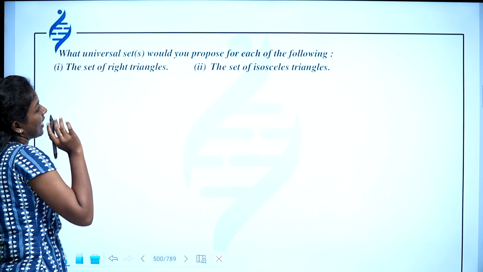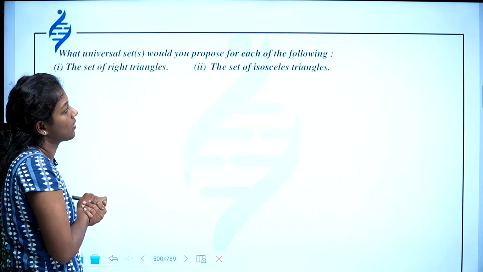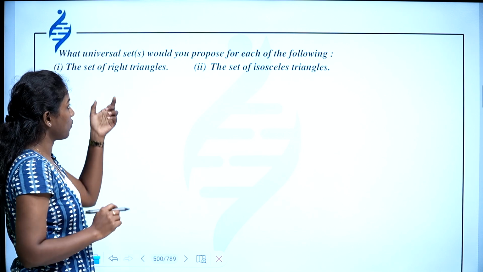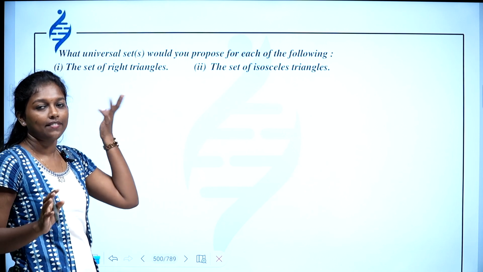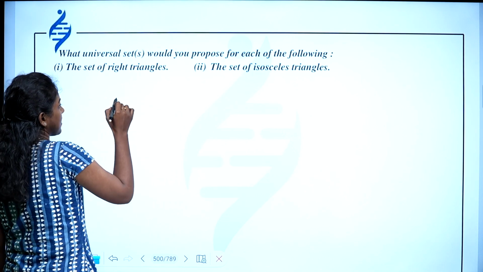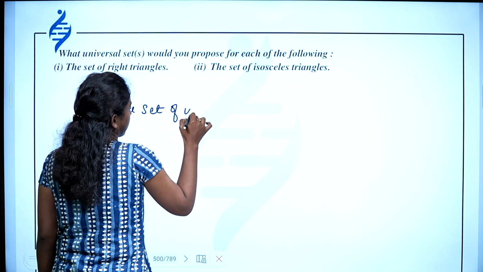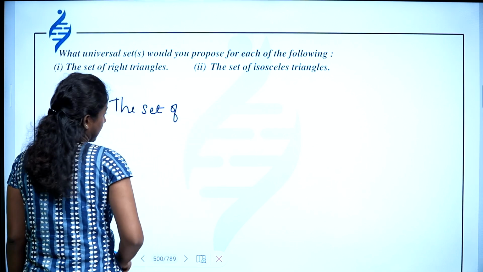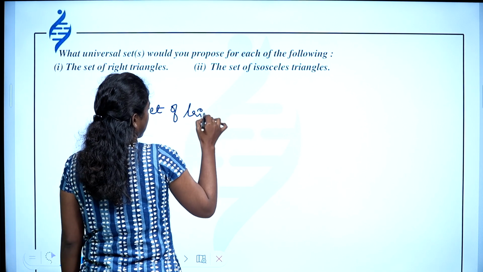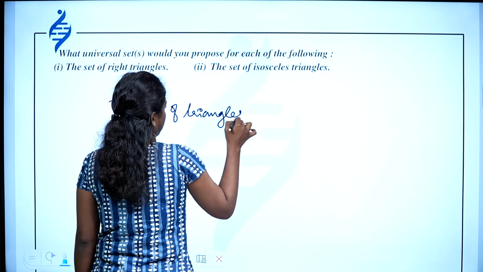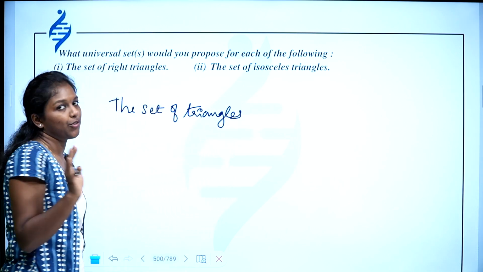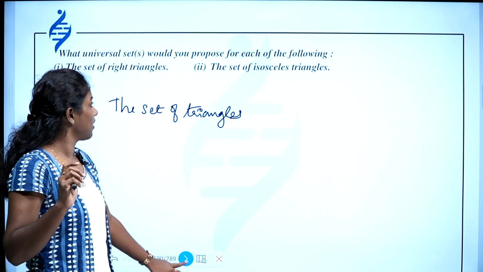The set of right triangles and the set of isosceles triangles. For both these sets we can take the universal set as the set of triangles. So this is our universal set for these two sets.